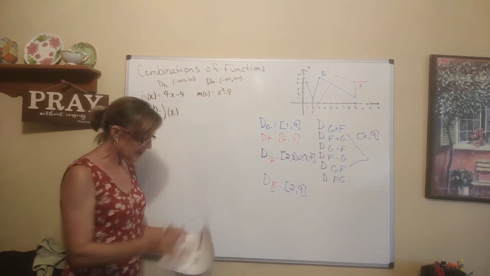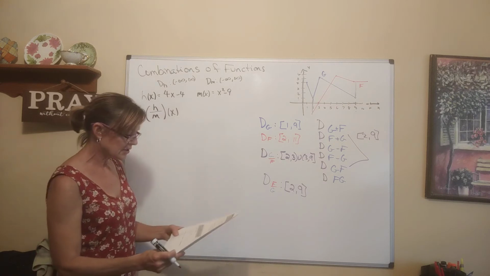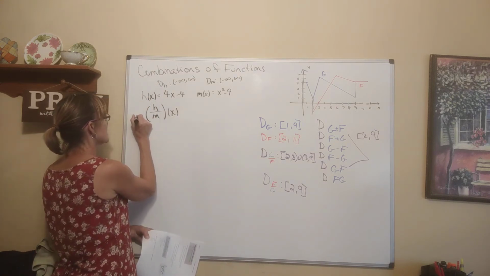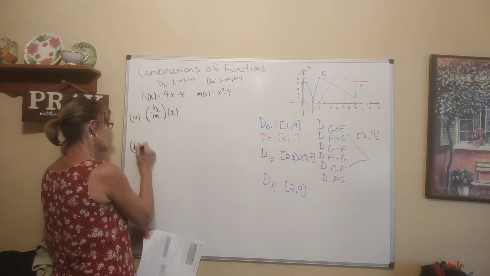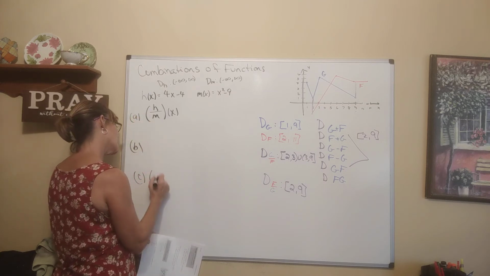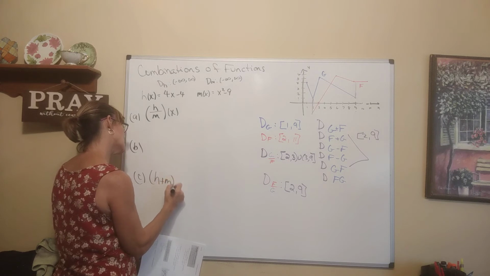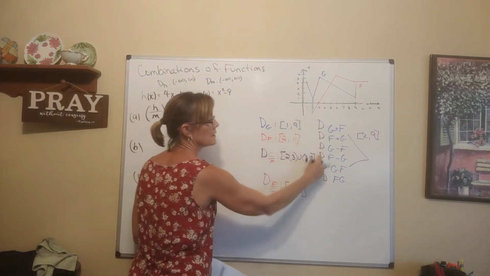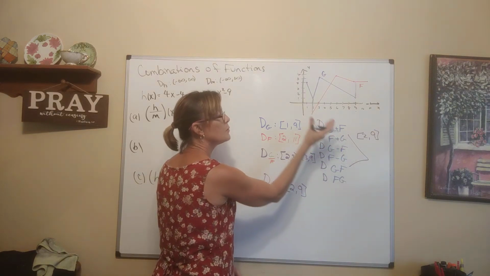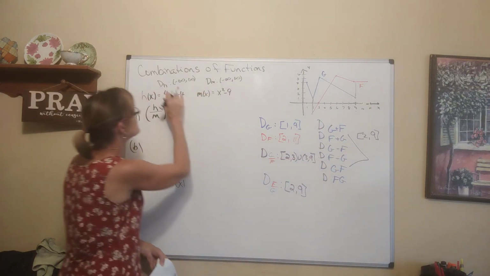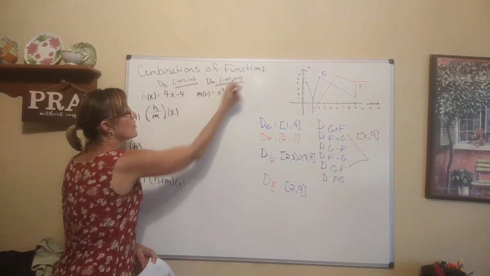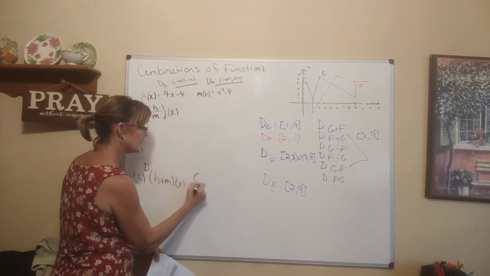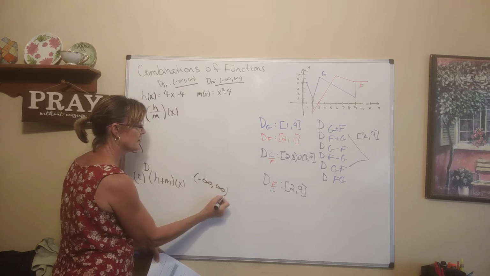So if we have a combination that simply involves addition, let's do part C first because that's the easy one. This is A, this is B, and part C says h plus m of x. All you have to do there is keep what's in both of them already. What's in both of these already is all the real numbers. So this domain is negative infinity to positive infinity.